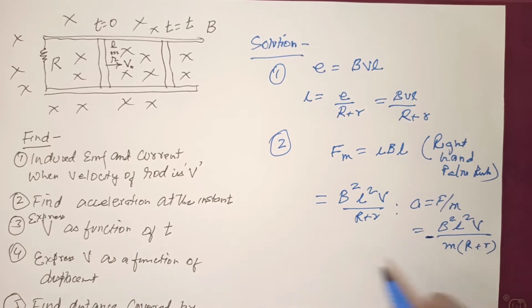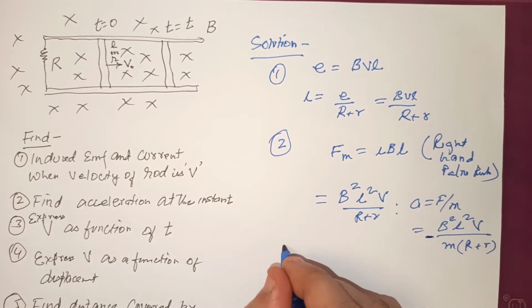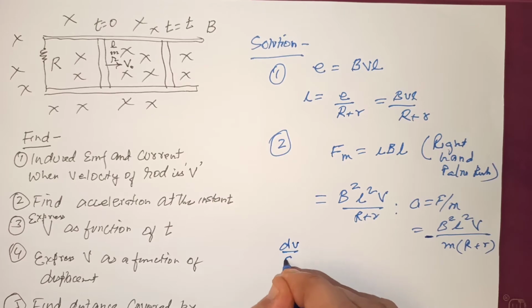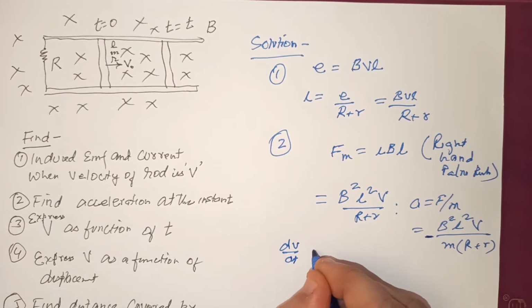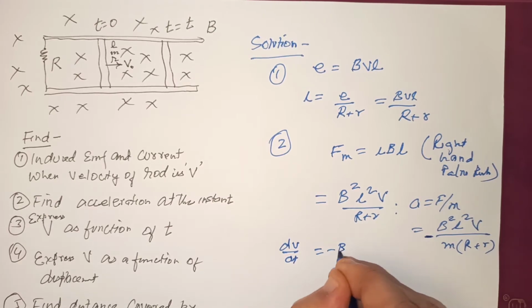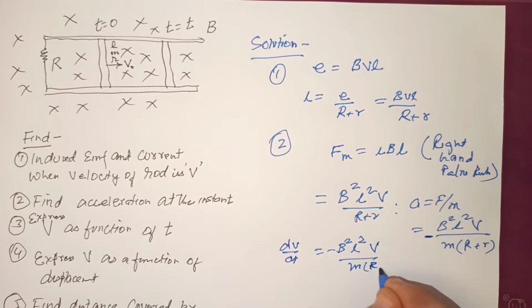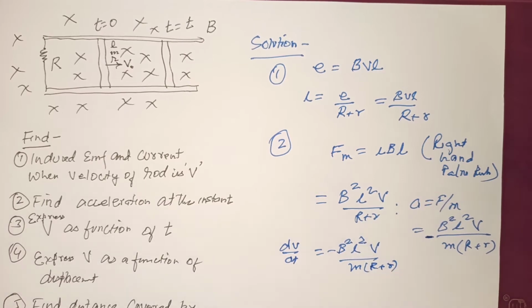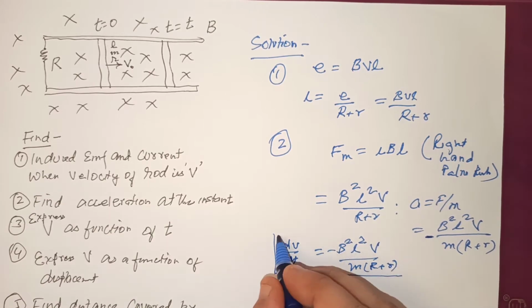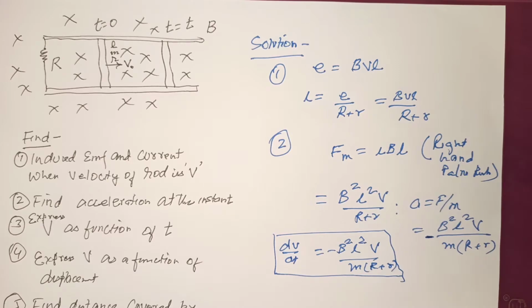Now what is acceleration? And you know it, right? Acceleration is nothing but dv by dt, is equal to minus B square L square V by M into R plus r. So basically this is what we have written here.